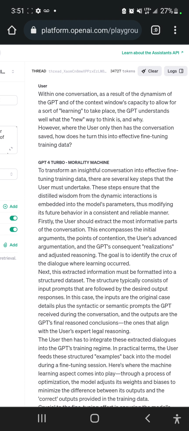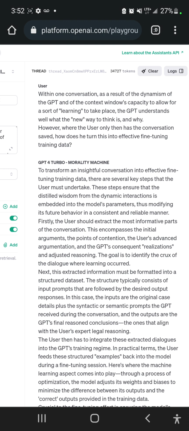In practical terms, the user feeds these structured examples back into the model during a fine-tuning session. Here's where the machine learning aspects come into play. Through a process of optimization, the model adjusts its weights and biases from where, I would add as a side note, from where they were otherwise normally at the level of the base model with which you were initially interacting.